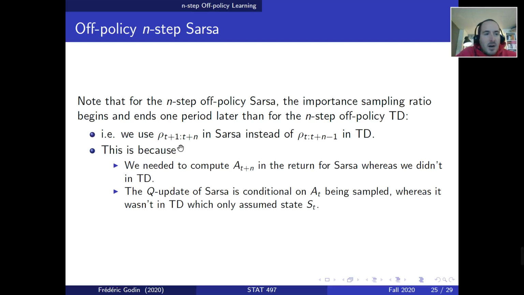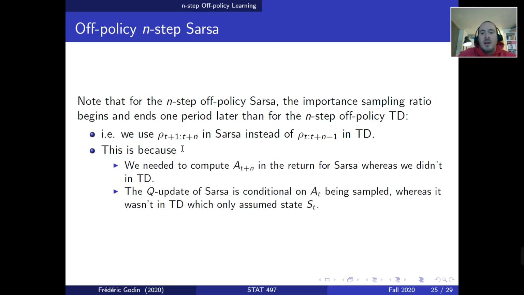Whereas for n-step sarsa, sarsa assumes we condition on action A. We want to find the action value function, which is the estimated return given that you start with the current action A. Because we condition on that action A, we don't assume it was sampled randomly, so we don't have to consider its weight, the probability according to the target policy over the probability according to the behavior policy, within the importance sampling ratio.